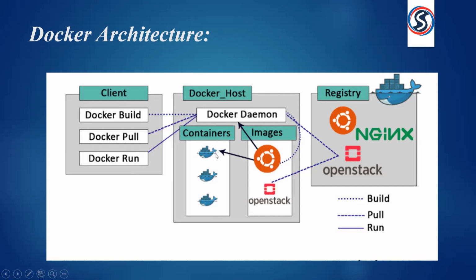In the first container, suppose we have some OpenStack, some MongoDB, and in the very base layer we have Linux or the OS environment. So these are the Docker images.